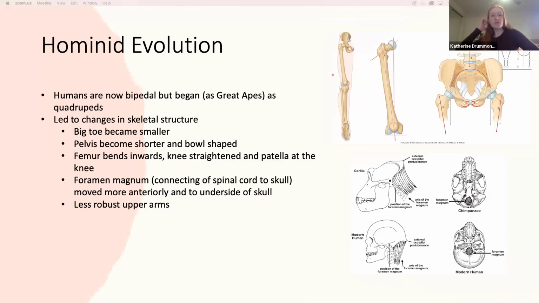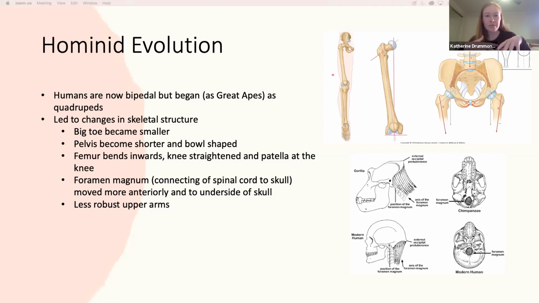Okay. So hominid evolution. Obviously humans are bipedal now, meaning we walk on two legs. But when we were great apes, we were quadrupeds, so we basically used four limbs for most of the time. The reason that we became bipedal is because it was advantageous for us to be able to walk on two feet, to be able to move greater distances and to hunt.